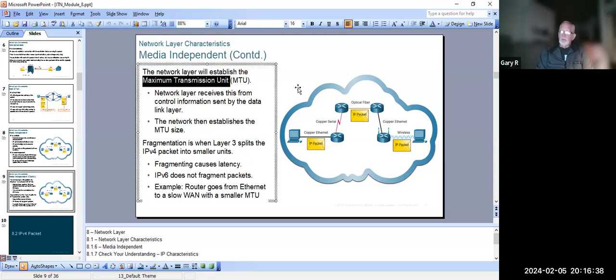A router could fragment that into smaller fragments, and then the fragments would go across. At that point, they would all be received at the destination and be reassembled. So there had to be sequence numbers properly put into the IP4 header so that it could be reassembled properly.